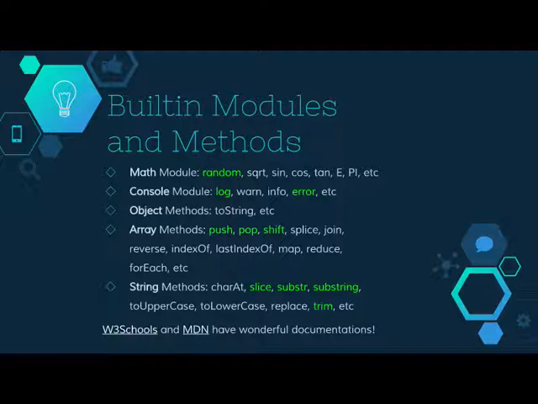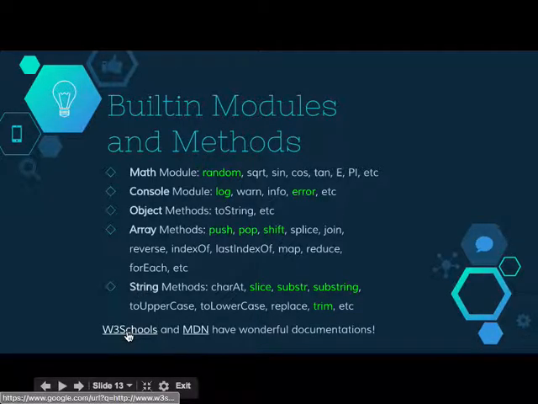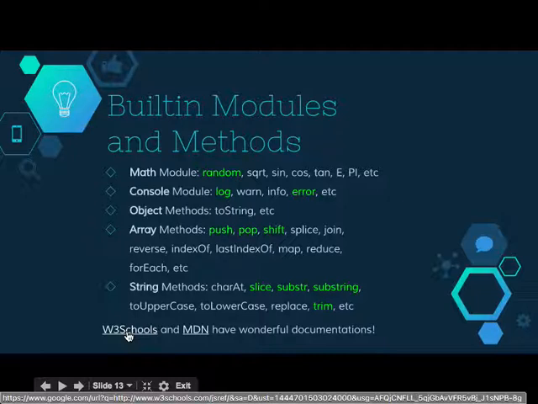The trim method is just going to remove the spaces before the string and after the string. By the way, W3Schools and Mozilla Developer Network have really nice documentation on that. Let me show you real quick.